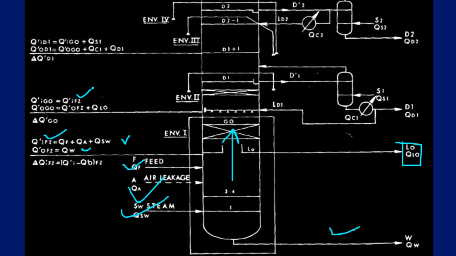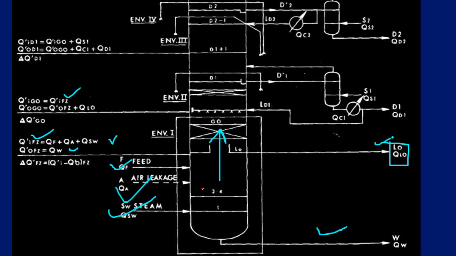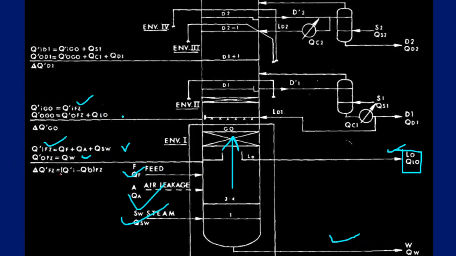Now come to the energy out. Because of this liquid material, QL0 is the amount of energy associated with this L0, which is leaving the column. So we can say all the energy leaving up to the flash zone plus QL0. This is the energy out, Q dash IGO and Q dash OGO, you can say grid outlet.